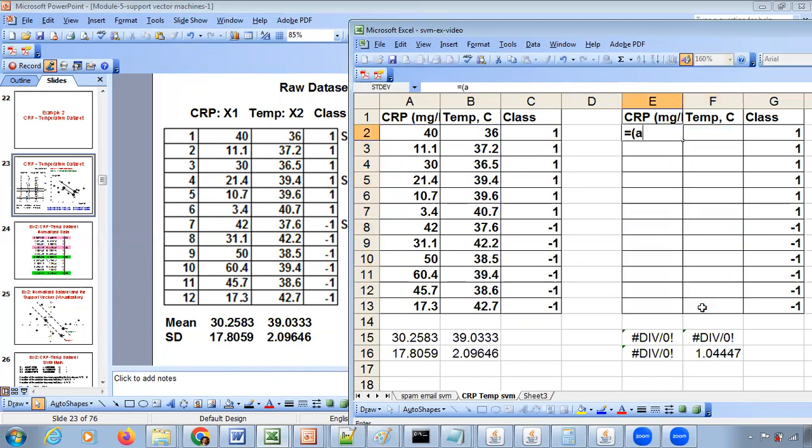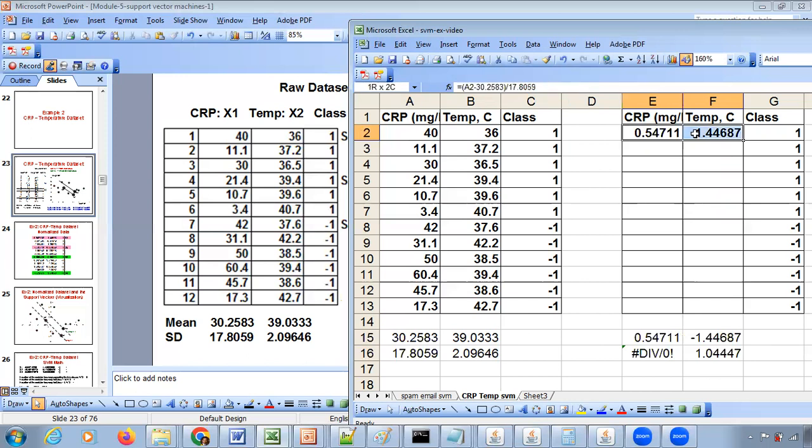So this is A2 minus the mean, which is 30.2583, divided by the standard deviation, 17.8059. This is B2 minus the mean. It's going to eventually come out to be something close to 0 for the temperature mean. Let me check. This is not F2. Yes, but this is just for this record.